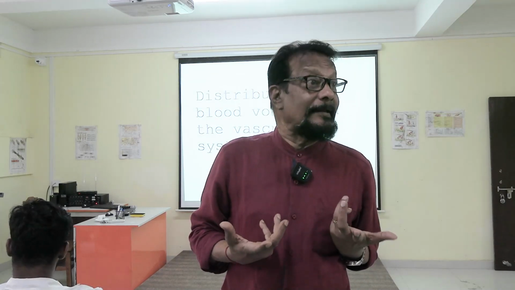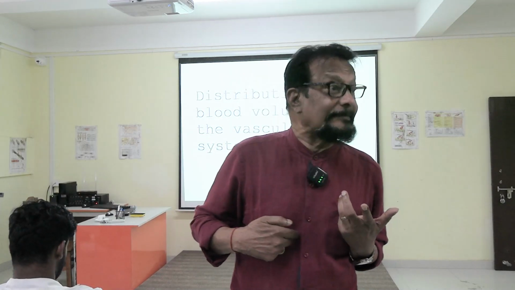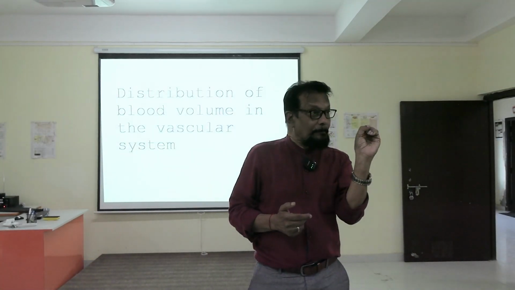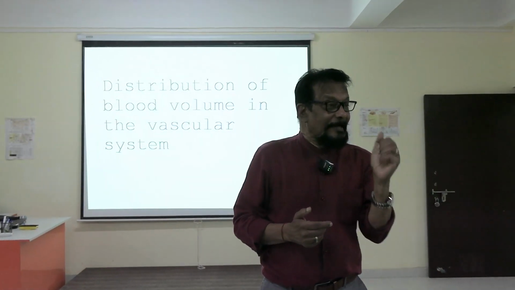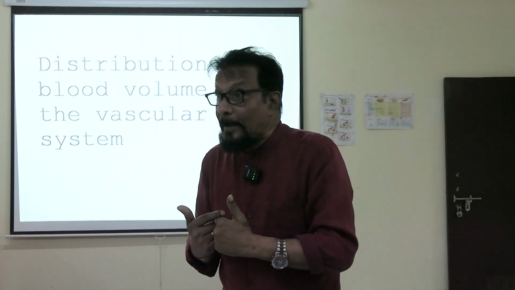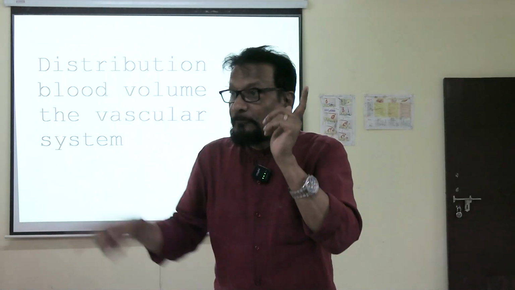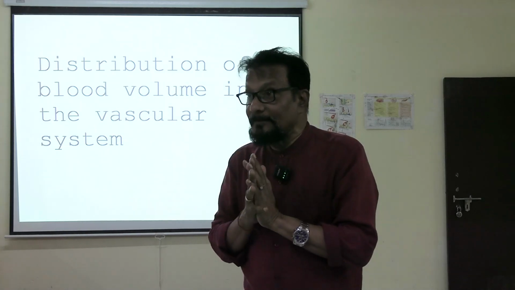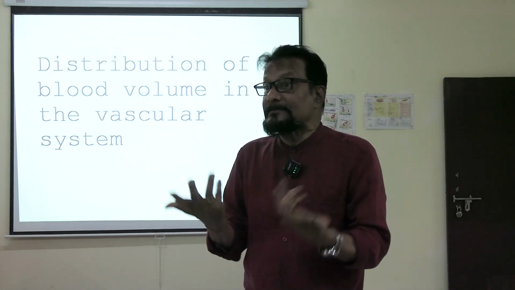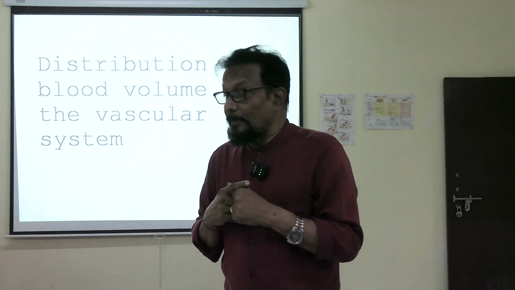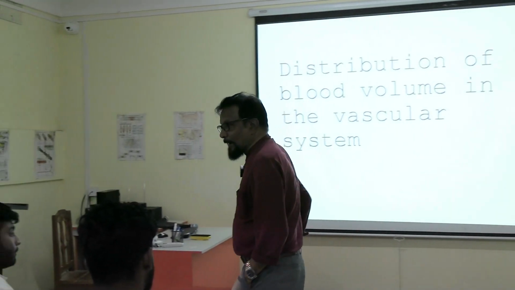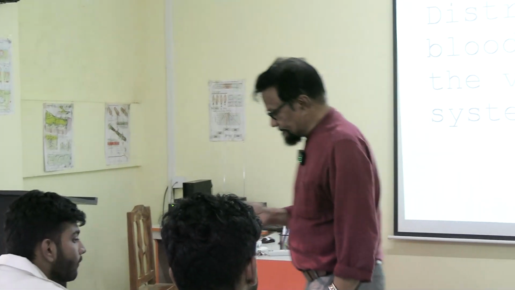But where will I get it from? Nobody is giving me blood at that time. So I have a reservoir in the veins. If the veins are contracted, some additional amount of blood will be circulating through the heart, through the arterial system. That way I can manage my circulation. Okay, now see how this 5 liters of blood is distributed.